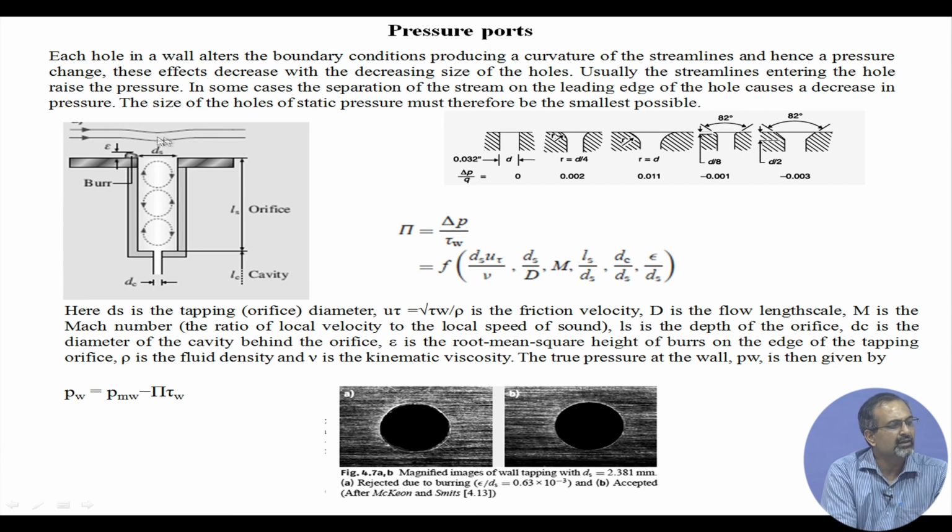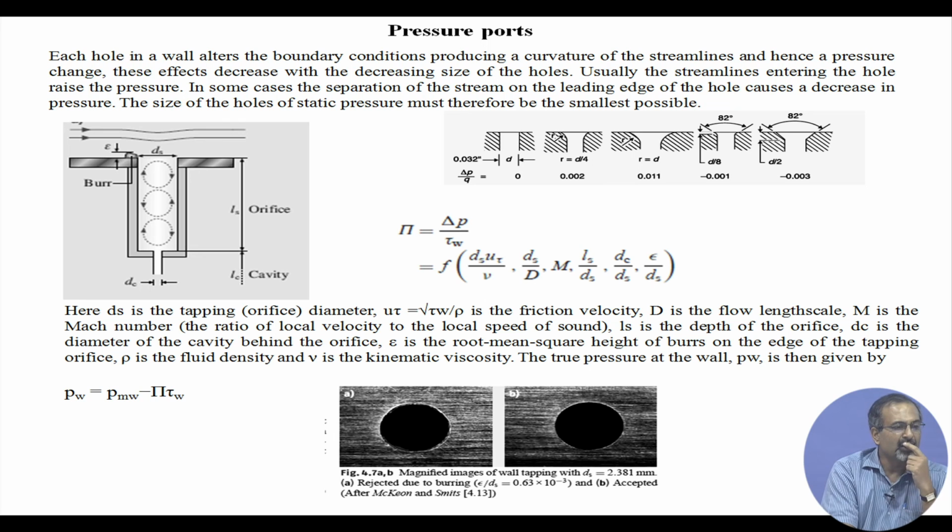Here if you look at the geometry, there are certain characteristic length scales. You have the diameter of the orifice, say the depth, and then if you are further connecting it with some other tube, then that characteristic dimension, the typical length scale of a metallic burr which may be left out after you have drilled it but forgot to polish it properly, and other things which are coming from outside sources, like the Mach number of the flow itself, or the length scale connected with the kind of flow problem you are looking at.